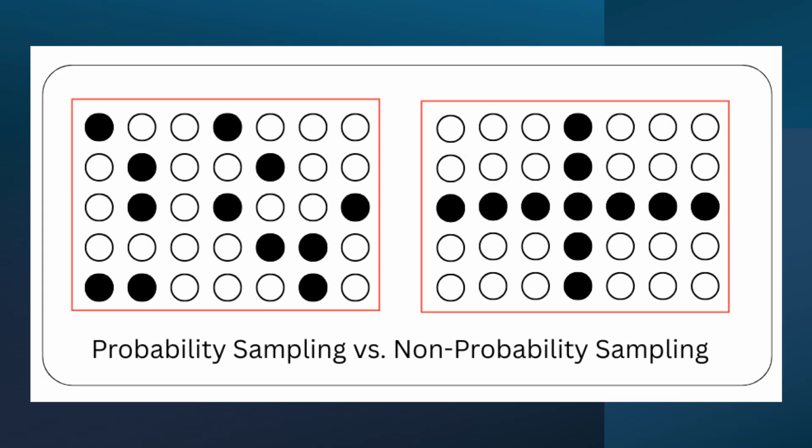In case of probability sampling, each member of the population has the same chance of being selected. In case of non-probability sampling, there are biases and limitations because of several factors like cost, accessibility, and time restrictions, which may require us to go for non-probability sampling.